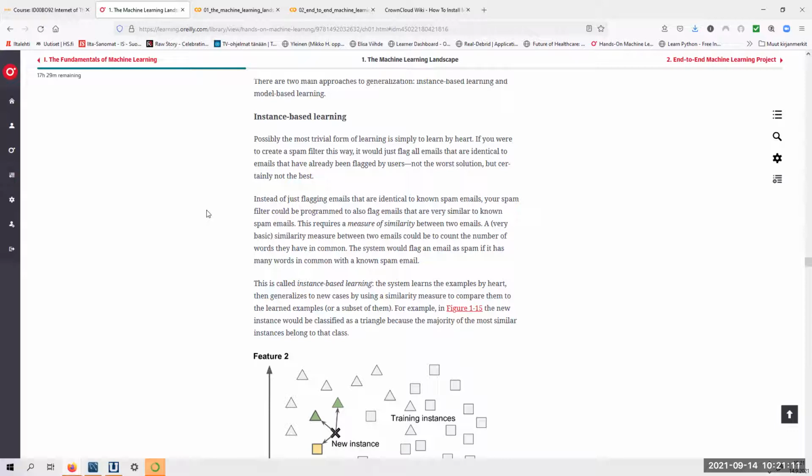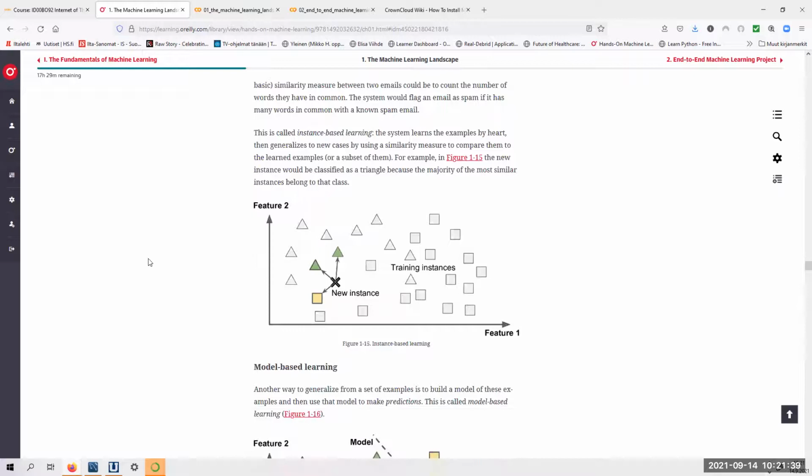So this is a very basic similarity measure. And then the system would flag an email as spam if it has many words in common with a spam email. The system learns the examples by heart and generalizes to new cases using some similarity measure.